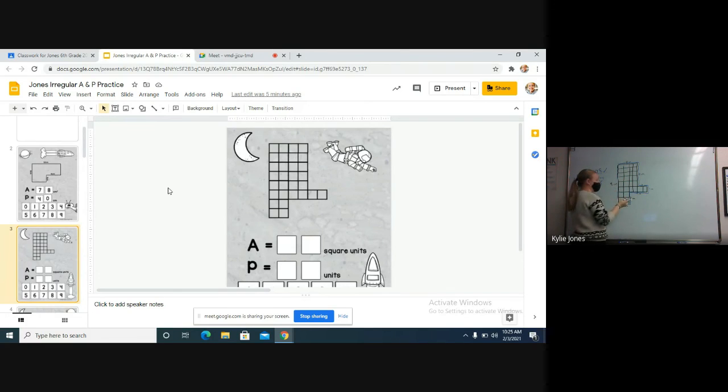Okay, count the boxes. Get to work. I'm not gonna be the only one counting the boxes. Get to work, count the boxes, please.